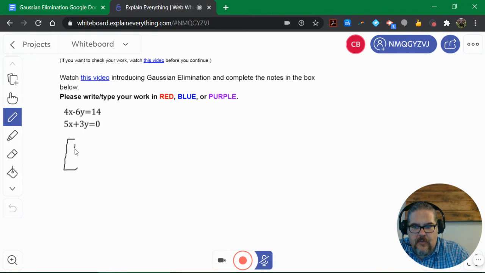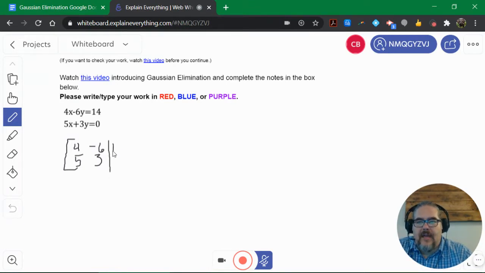For the first one we have 4, and for the second one we have a 5, and then we have a negative 6 for that first y value, and we have a positive 3 for that second y value. And then I'm going to draw a line here, and that represents those equal signs. And then we're going to have a 14 here and a 0 here.